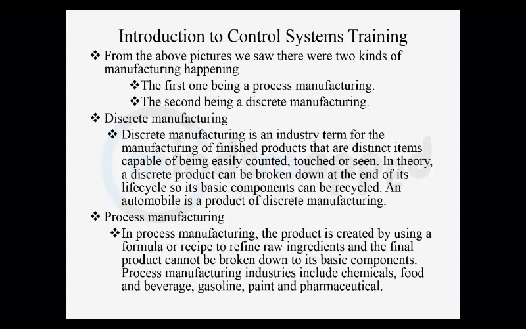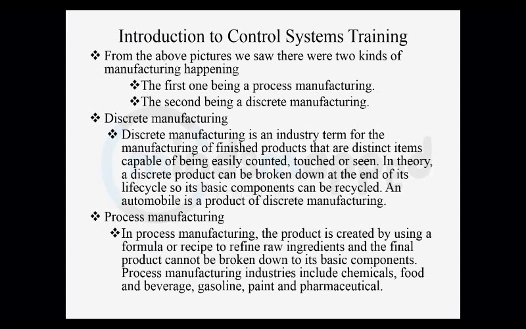That means there are several parts that are assembled together to create your final finished product. And this final finished product is very unique, very identifiable in its own way. You can identify a car by its model, right? Although there will be several cars of that model, each will have its own identity.